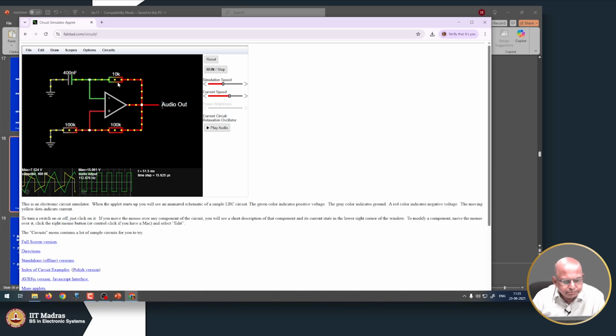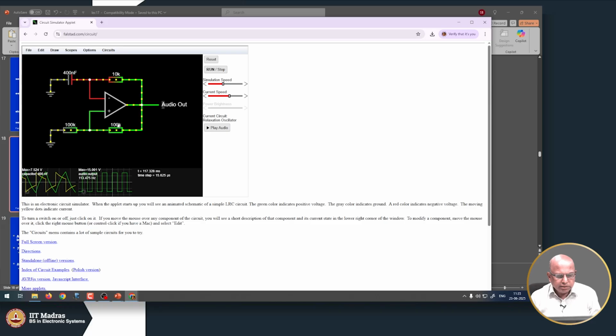Okay. Any variation in temperature will cause the frequency to change because things like resistance are a function of temperature and the resistance and this capacitance play a very crucial role.